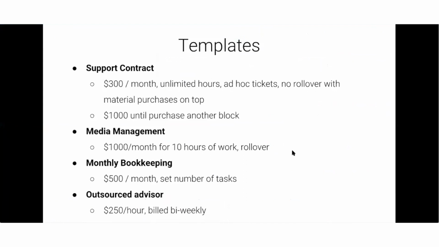Some examples of different types I've seen are support contracts, $300 a month, unlimited hours, ad hoc tickets, no rollover, or $1,000 until purchasing another block. So those are our block amount of hours with unlimited period durations. You've got media management, $1,000 a month, 10 hours of work, and it does roll over. And then monthly bookkeeping and outsourced advisor. So those are just some examples that you can preset within Accelo.